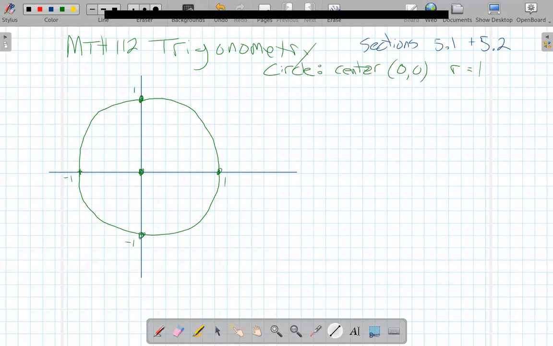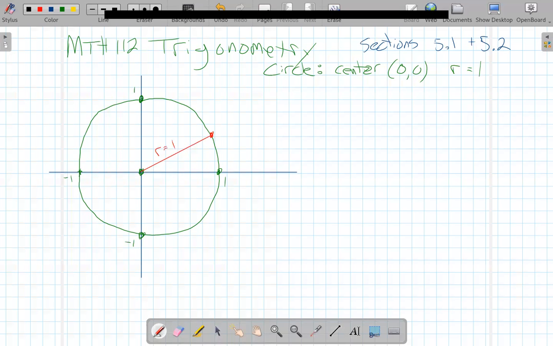So if I draw some kind of random radius out from the center here, let's say that one right there, then I get a new point on the circle over here. And the distance from the center to that point right there is the radius. That better be 1, otherwise this ain't a circle.